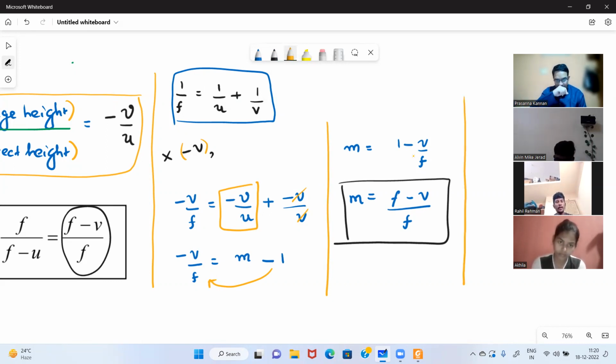Similarly, you can find out the expression in terms of u. Have you noted down this?